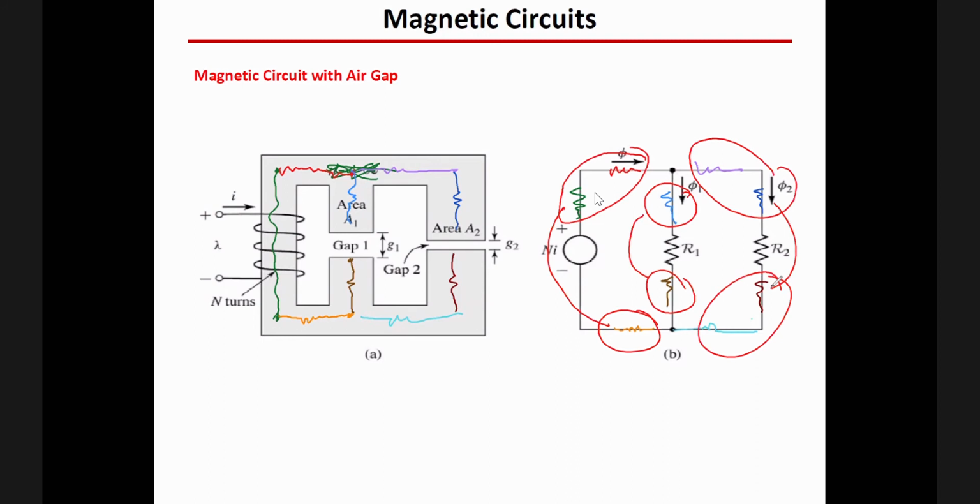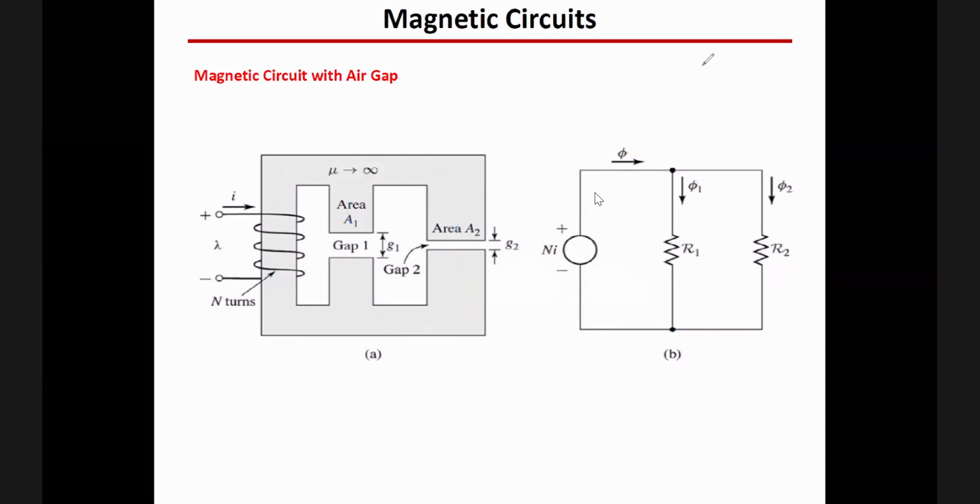So instead of doing this step, from our experience, we can directly represent the magnetic core with reluctances with an optimal number of reluctances. Meaning what? We can say that this basically side, the left side, will be one reluctance in series with the source.